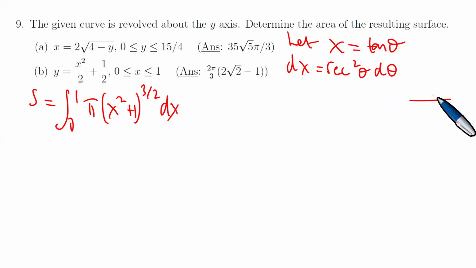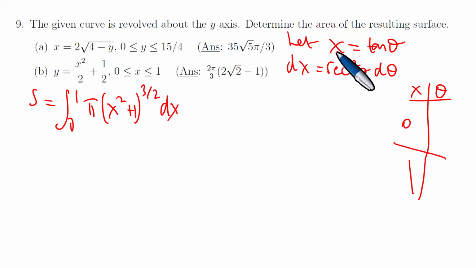And then now you need to change your limits of integration. You have x limits of integration, and you need to change to theta limits of integration. So you change from x limits to theta limits. x is from 0 to 1.